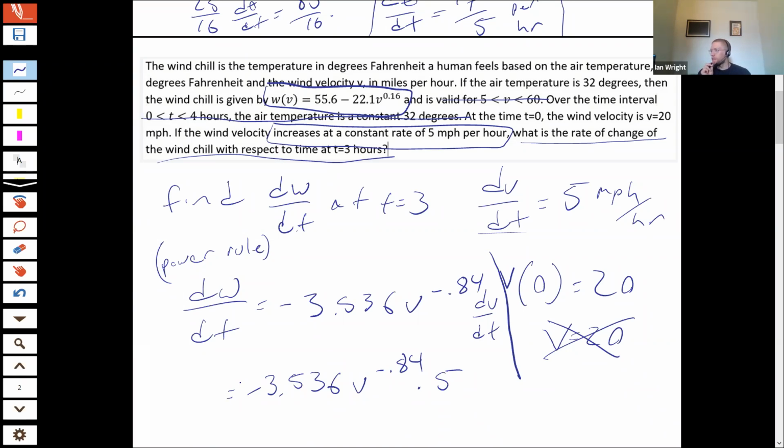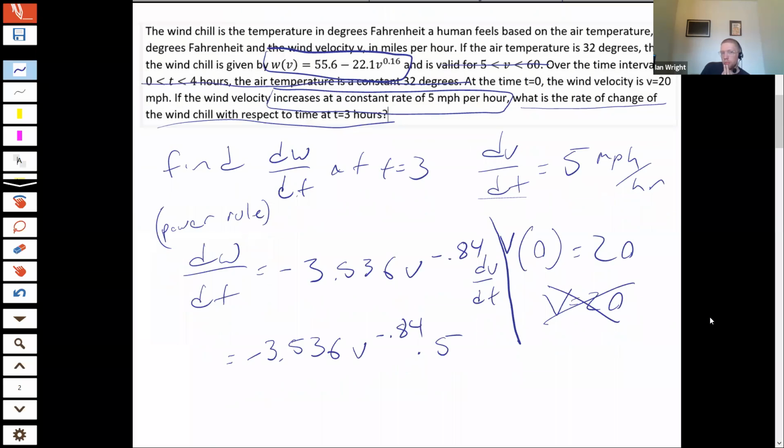Now what should I plug in for v? So the reason that I got this wrong initially is I plugged in 20, but that's wrong. Because 20 goes with t equals 0, and we're looking for this t equals 3.